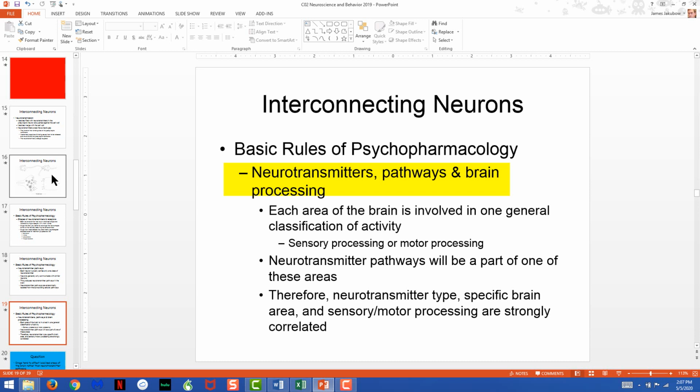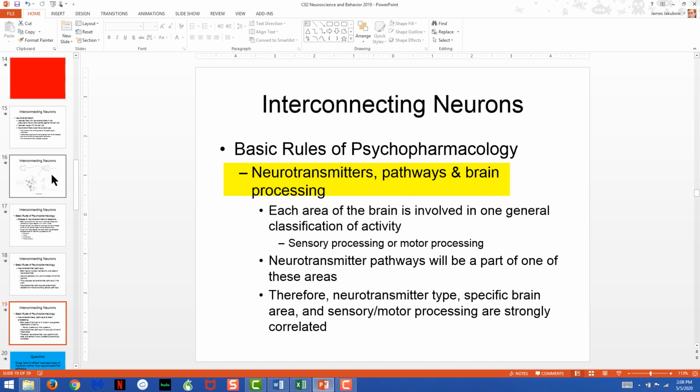So that in all the complexities of the brain, if someone were to say to you, I'm doing research on acetylcholine in the brain, that would cue you into what in general they're actually up to. Acetylcholine is a neurotransmitter that oftentimes is associated with a motor output pathway.